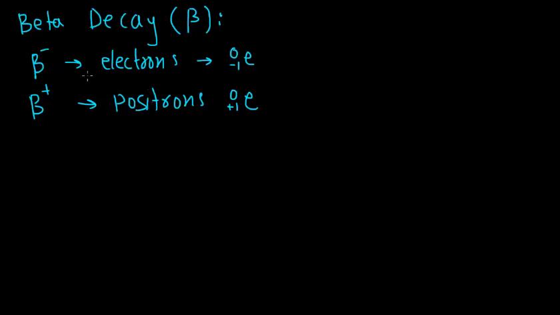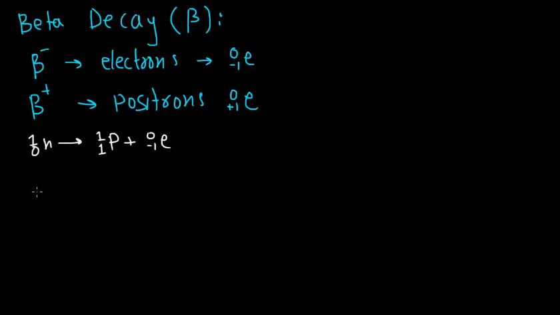The negative beta particle is produced in the nucleus of a radioactive atom. Although the mechanism of its production is a bit complex, it can be linked to the conversion of a neutron into a proton and an electron. So we can write that a neutron splits up into a proton plus an electron. Positive beta decay can also be considered equivalent to a proton changing into a neutron and a positron.